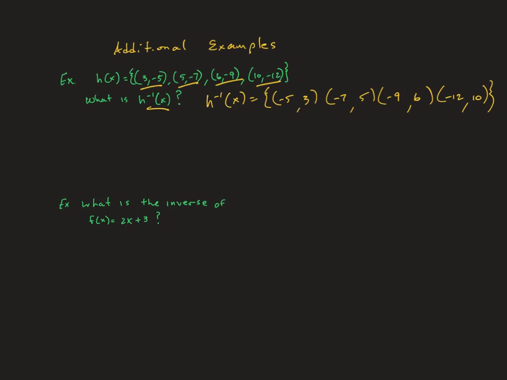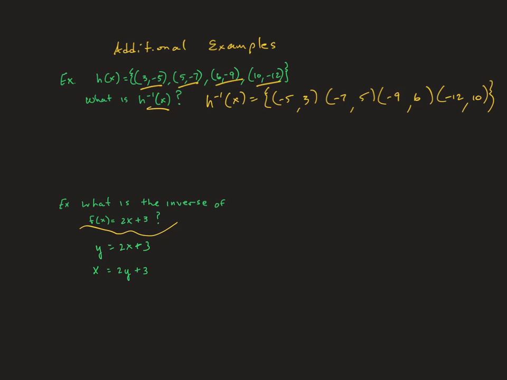And then it asked me, what is the inverse of this thing? Well, remember, my first step is to change f of x to y. So this is going to be rewritten as y equals 2x plus 3. Then they tell me to switch the x and y, so x is going to be equal to 2y plus 3.